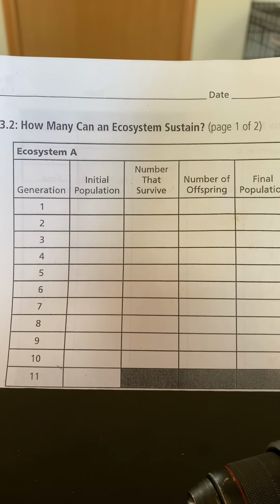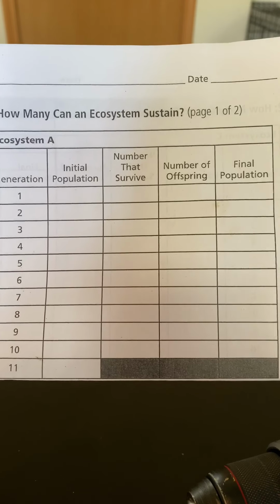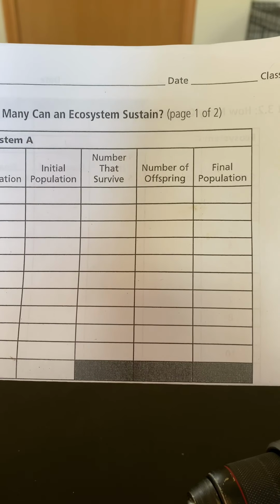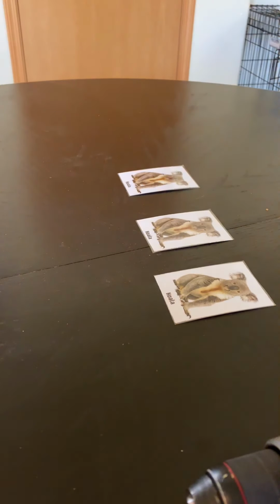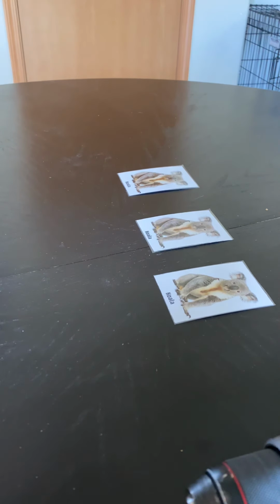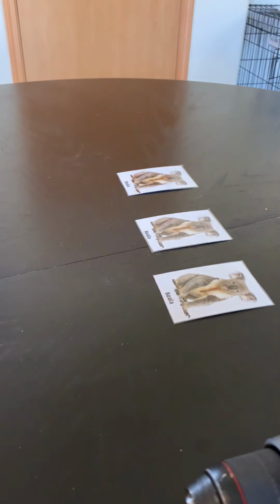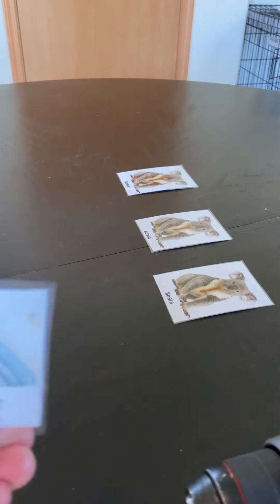And then it has an initial population, which is what you start with, the number that survive, the number of offspring, and the final population. So we're going to start with 3 koalas. Every 2 koalas will produce an offspring, but every koala needs to have a water card.